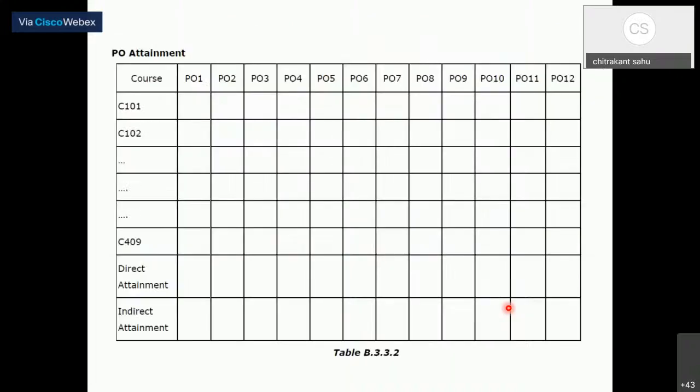After the CO attainment, we come to the PO attainment table. As per the process of outcome based education, there are 12 POs, and we have the complete flow of the courses, which can be 30 to 40 courses in an engineering program. We need to list down how the attainments have happened for all the courses.